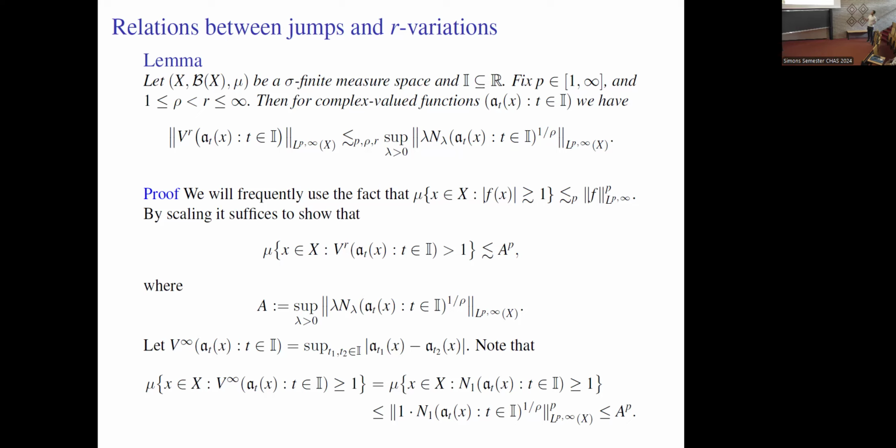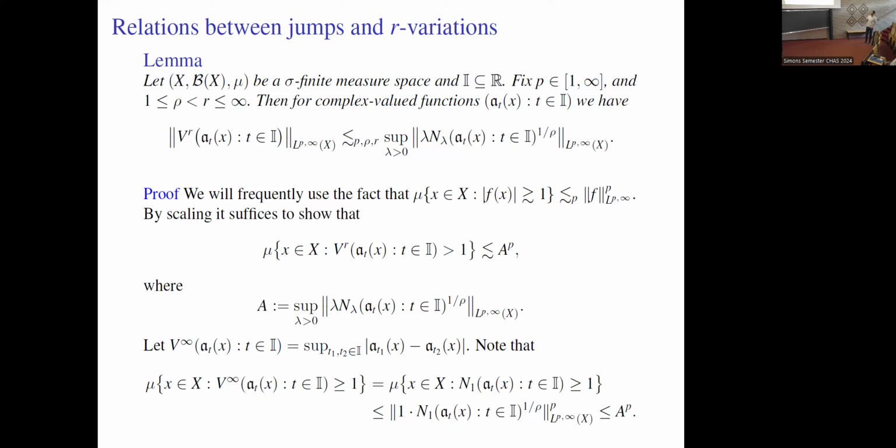Now, using this simple estimate, we can estimate this expression. For free, instead of having this function, we can put this power, because on the right-hand side we have one. Now we use the simple estimate, and A is just a supremum over all choices of lambda, so this is lambda equal to 1. So we can easily conclude this theorem if we replace r-variations by V infinity.